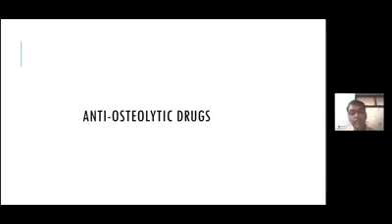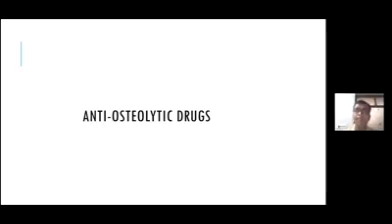Coming to the anti-osteolytic drugs, as the bone pain in many of the cancers is because of increased proliferation or increased activity of the osteoclast, and they cause lytic lesions in the bone.